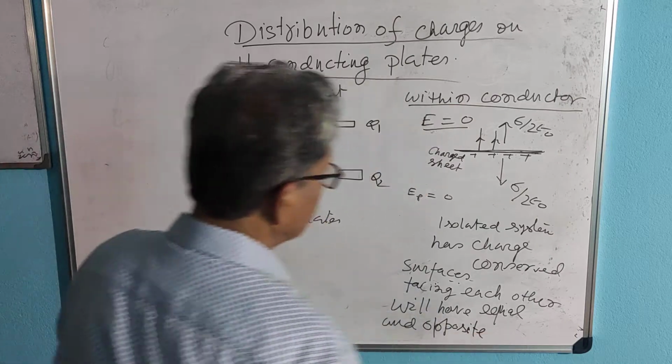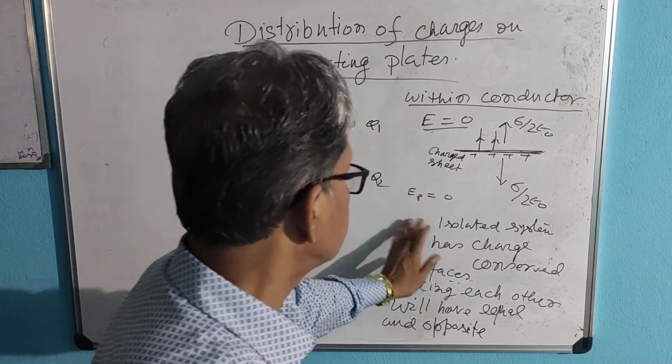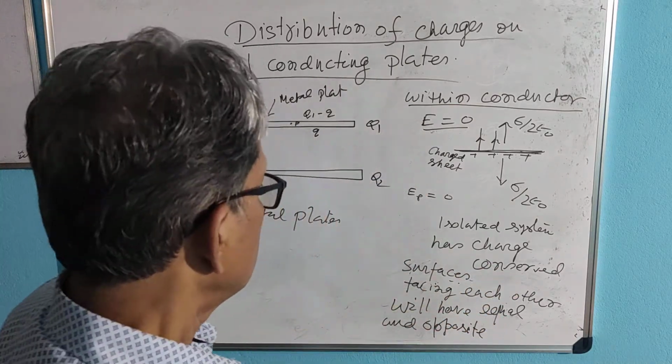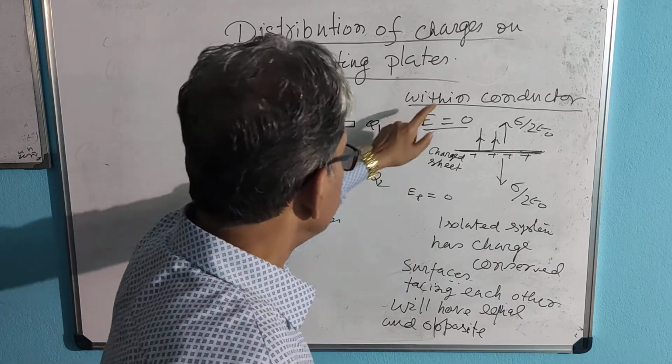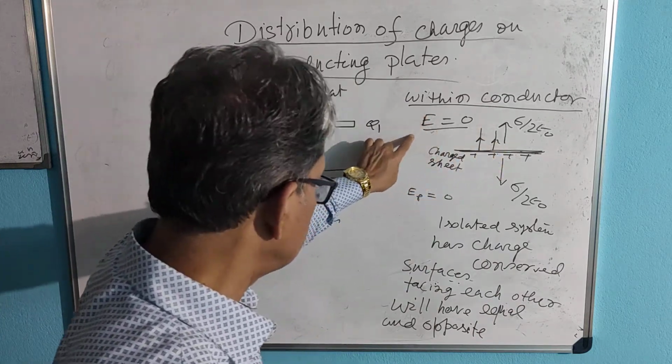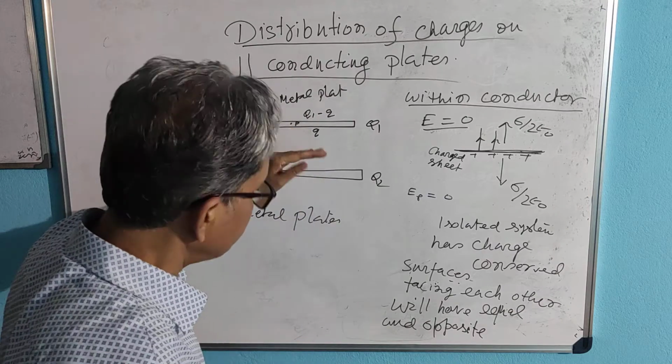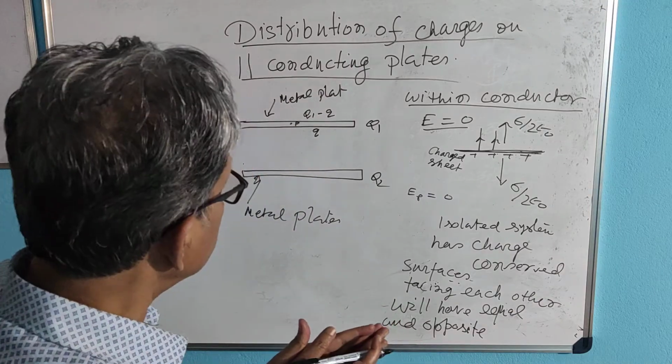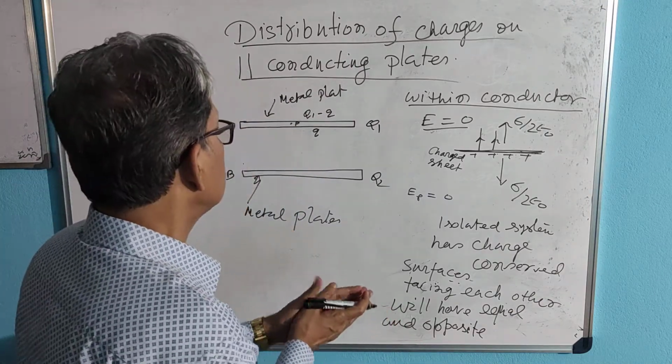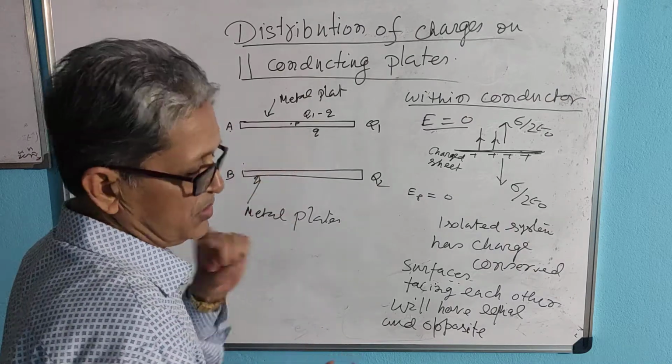These concepts you have to bear in mind. An isolated system has charge conserved. Within the conductor E equal to 0, and surfaces facing each other will have equal and opposite charges.